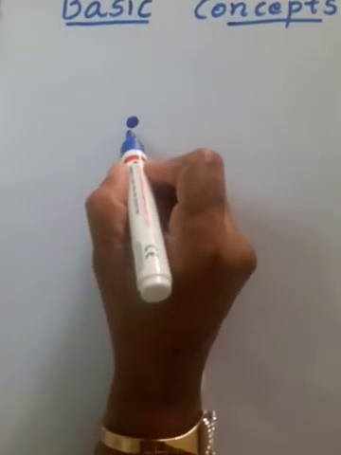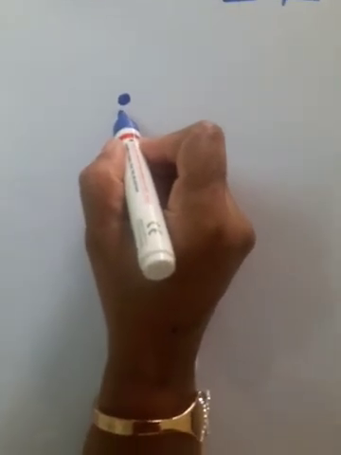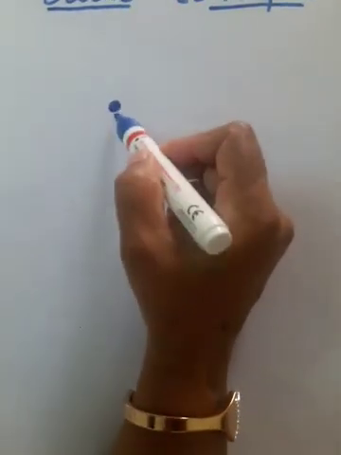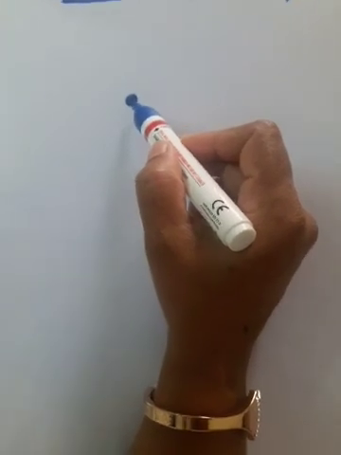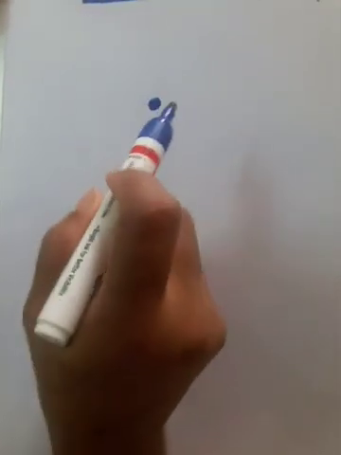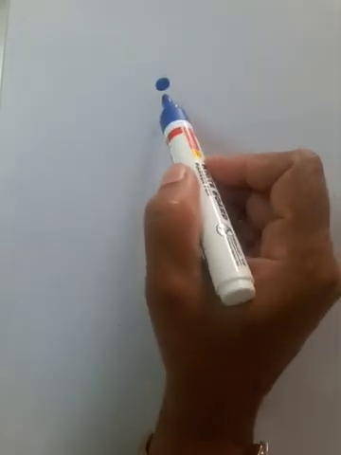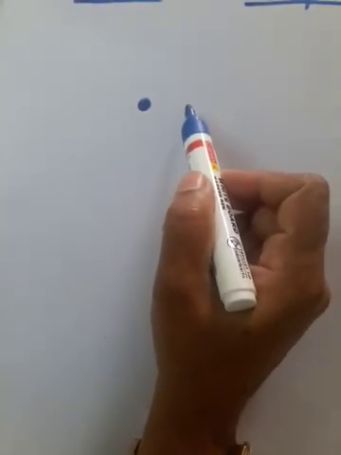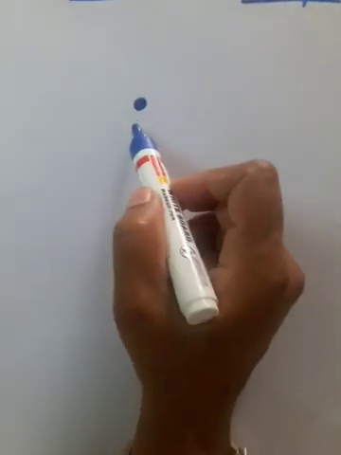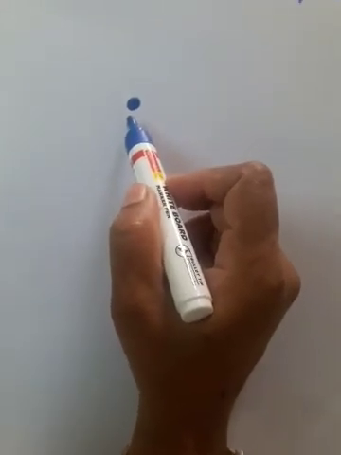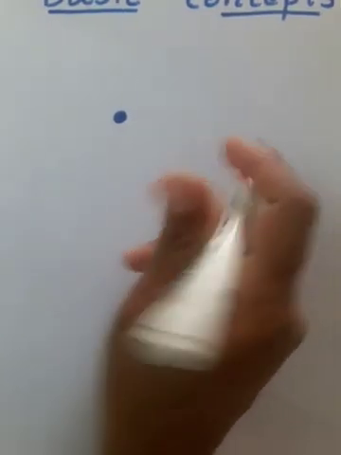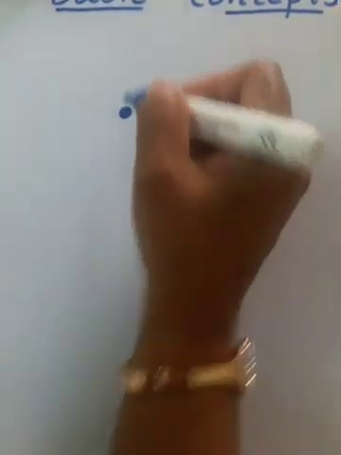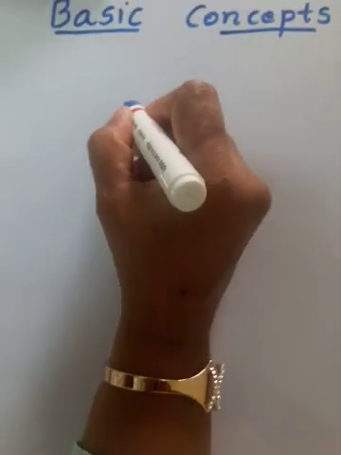Students, take one point. Try to draw a line that passes through that point. How many lines can be drawn through this point? Can you tell how many lines can be drawn through this point? So let me see how many lines can be drawn.